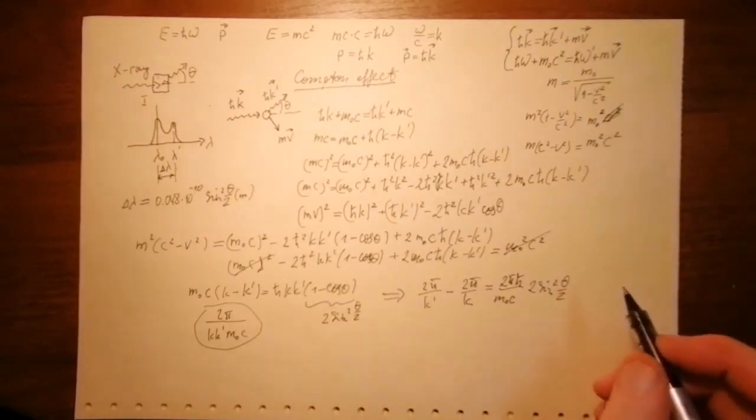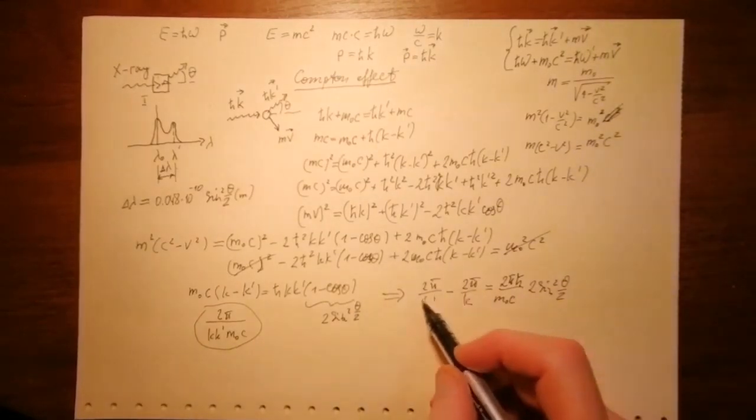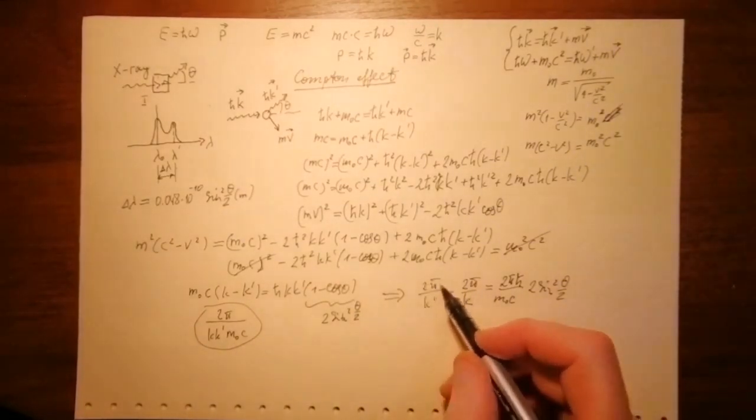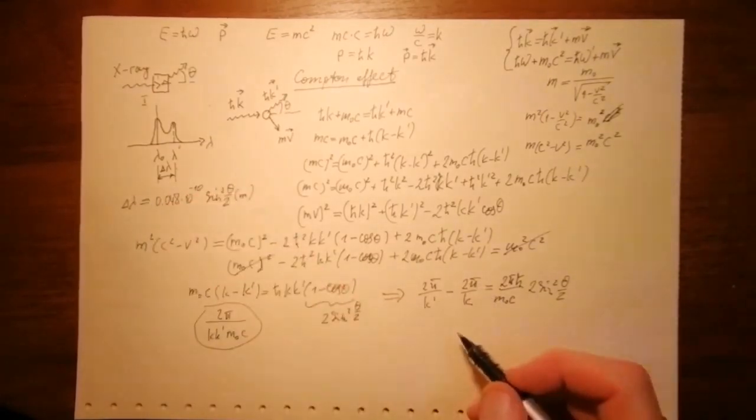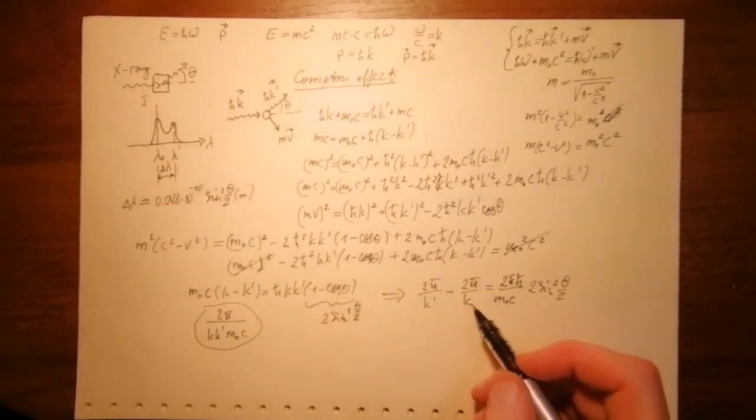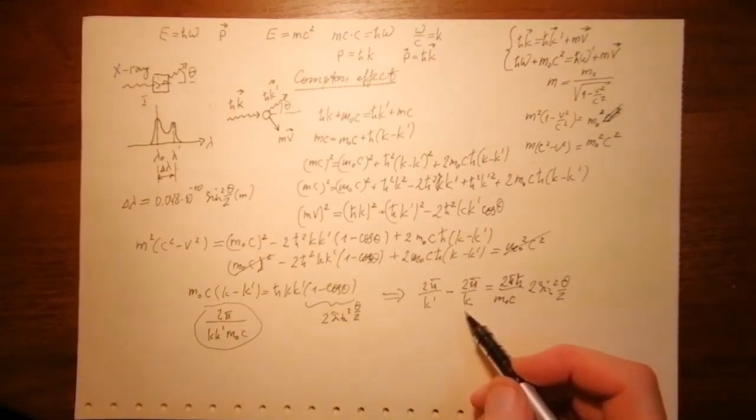What we have here is actually delta lambda. This is lambda prime, this is lambda 0, the initial wavelength of the initial wave.